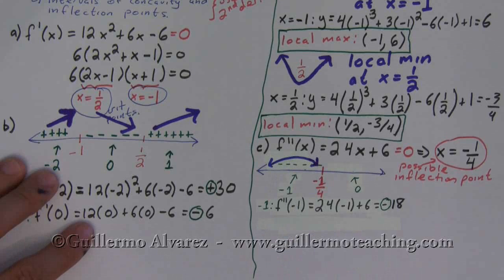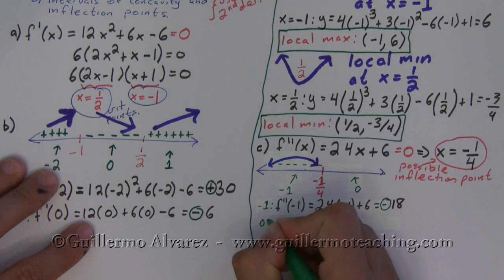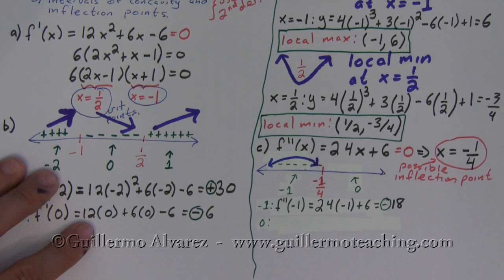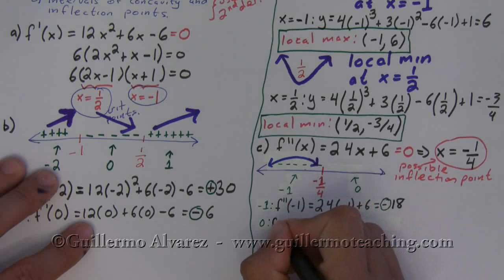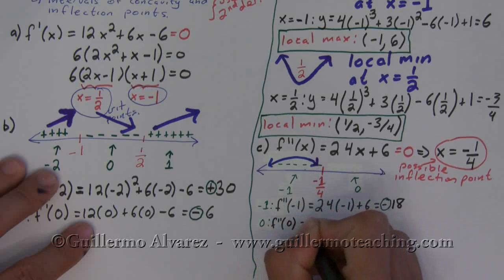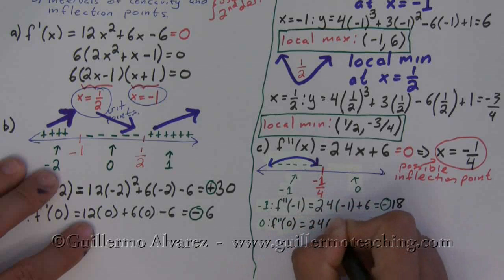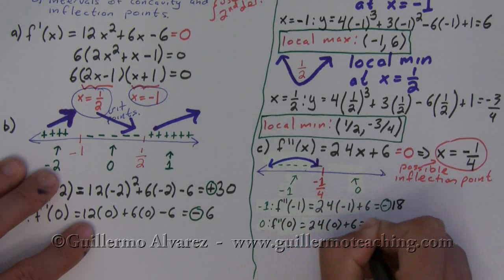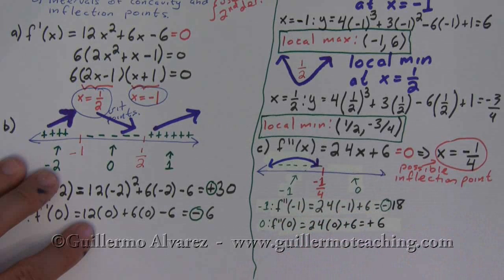Okay, now if you do the same thing with our other test point, 0, what we're going to get is that the second derivative at 0 is equal to 24 times 0 plus 6. This is positive 6.